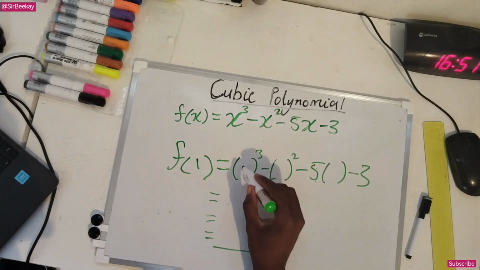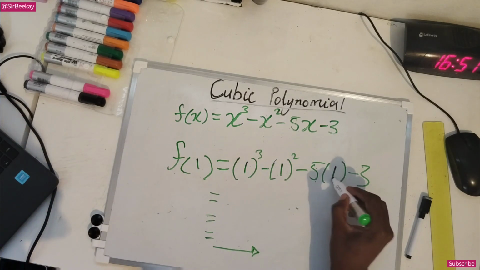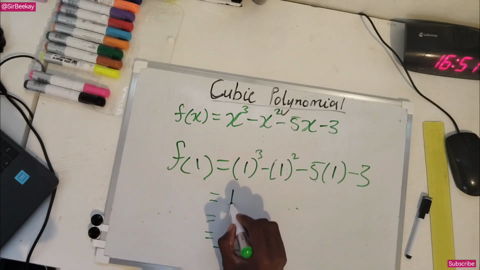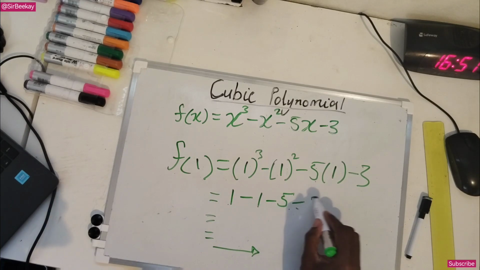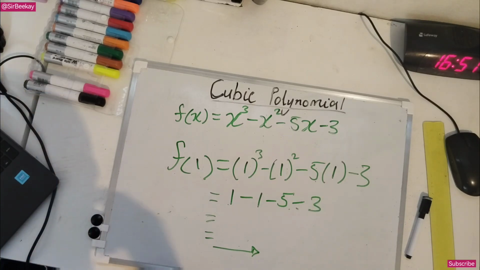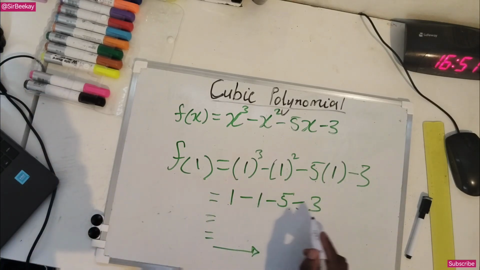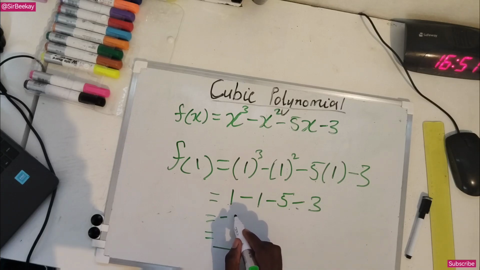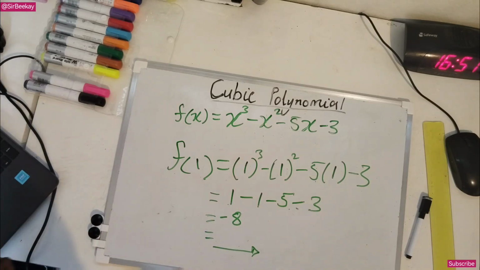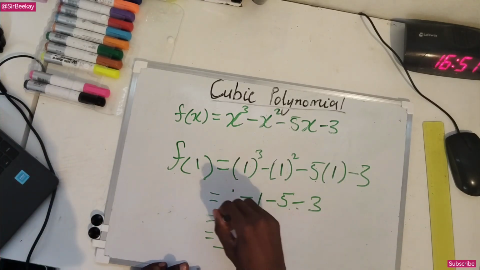Let me try 1. Okay, it's 1 minus 1 minus 5 minus 3. This gives me minus 8, and it's not giving me 0. Then it must not be the 1.